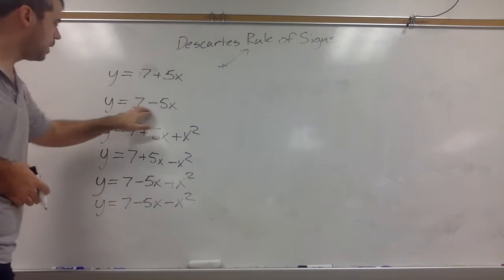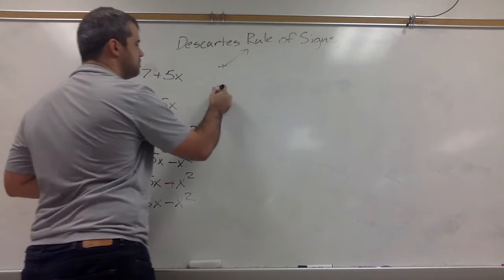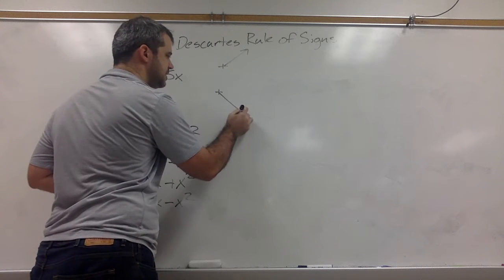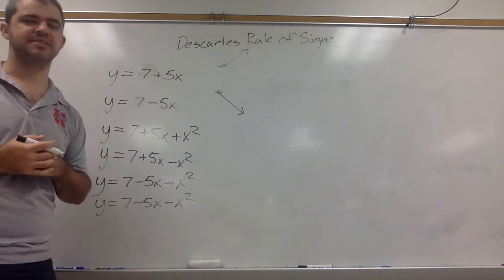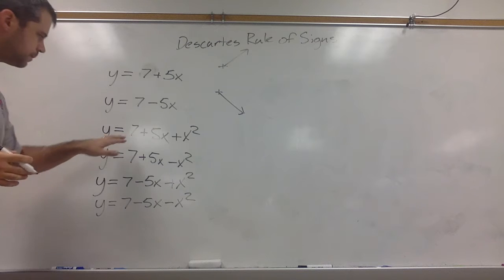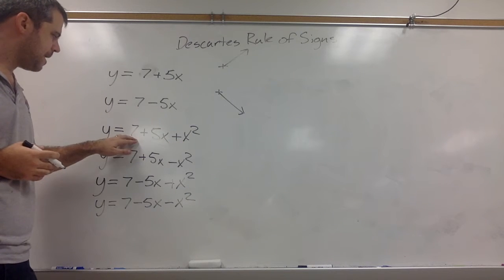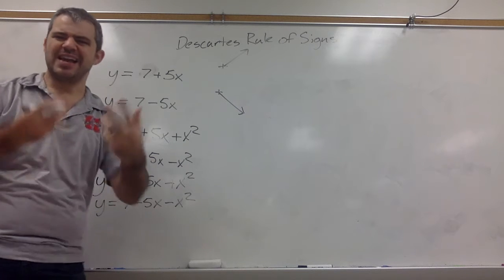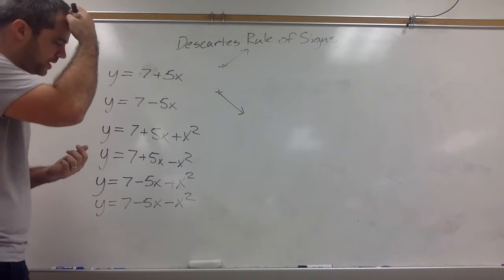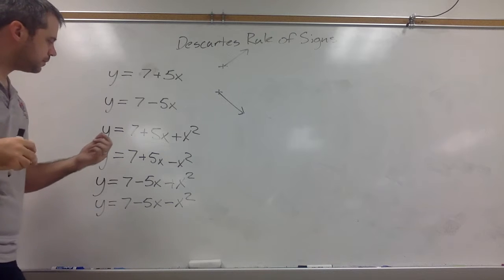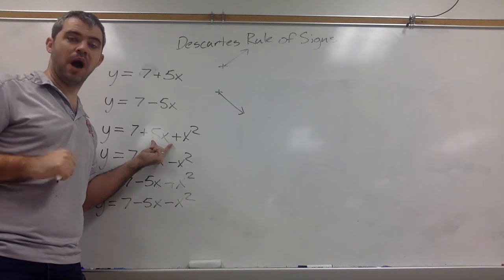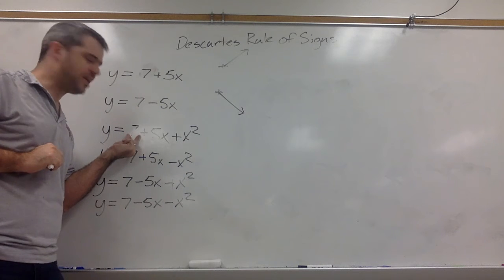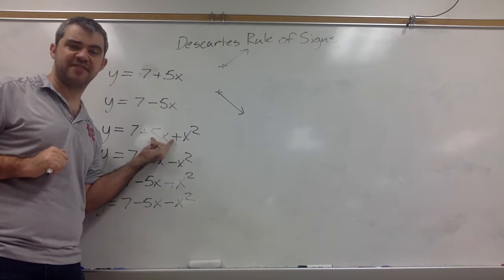Okay, well, what about this guy? This guy starts at positive 7 and then we move down. Okay, as x gets bigger, we move down. Now let's look at this guy. Now, something you need to understand about polynomials is they kind of take turns taking over, because 5x for a while will actually be bigger than x squared. And for a while, 7 is going to be bigger than 5x.